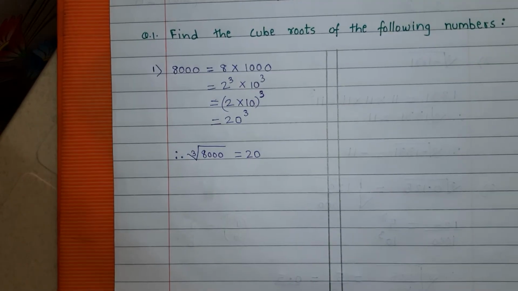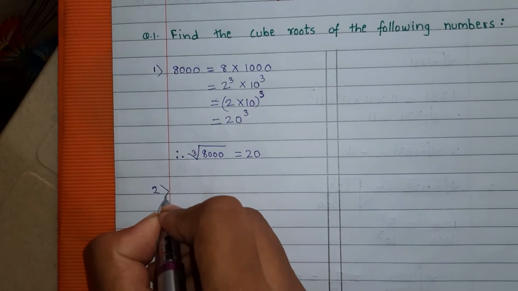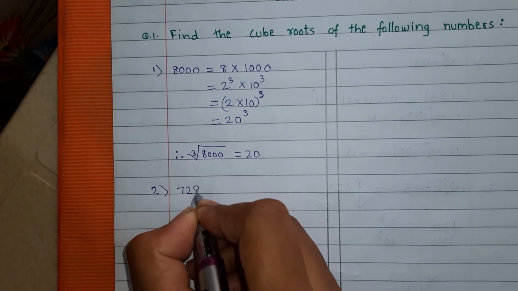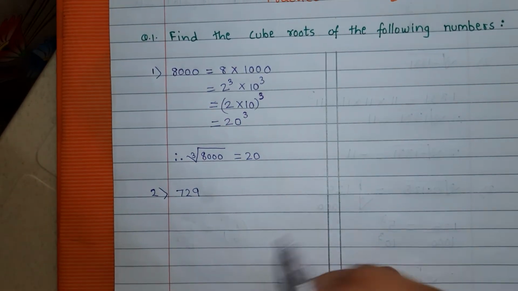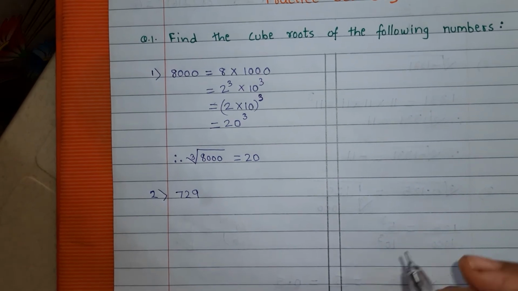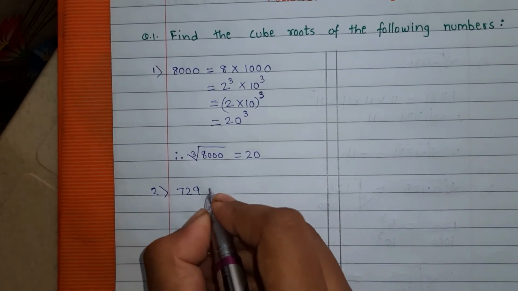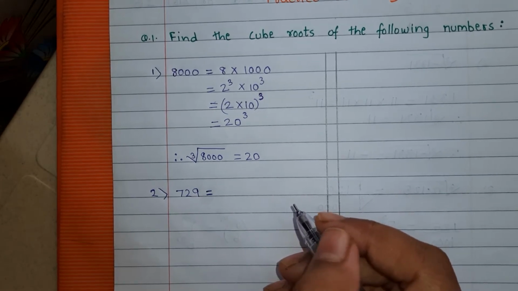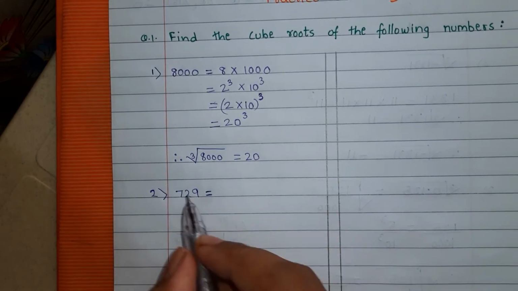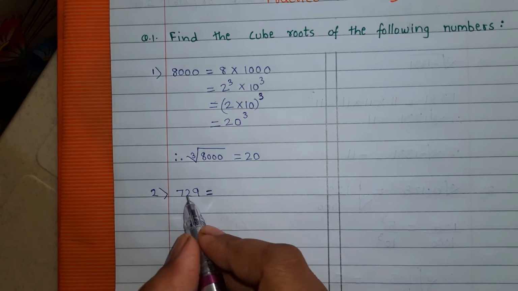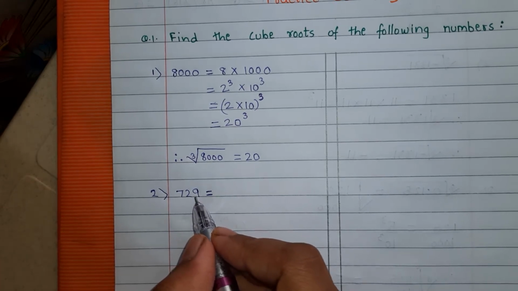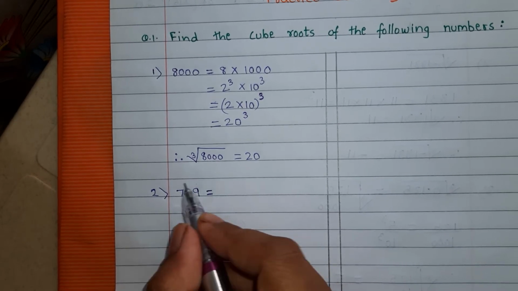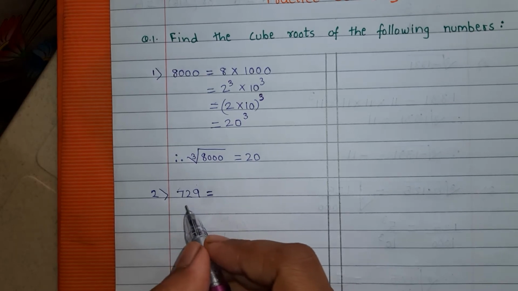Now, second example we will take 729. We have to find the cube root of 729. Now 729, the first factor will be 9. See, do the addition. 7 plus 2 is 9, 9 plus 9 is 18. So the sum is divisible by 9. That's why this number is also divisible by 9.